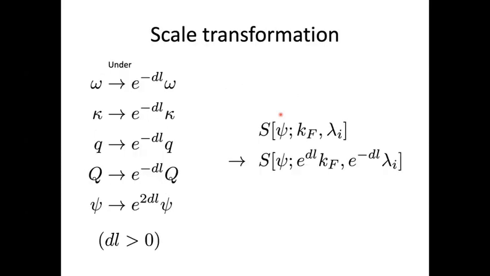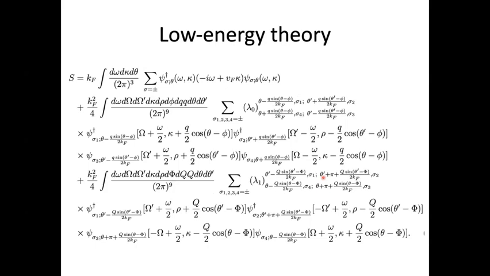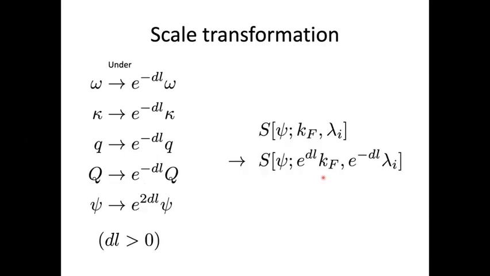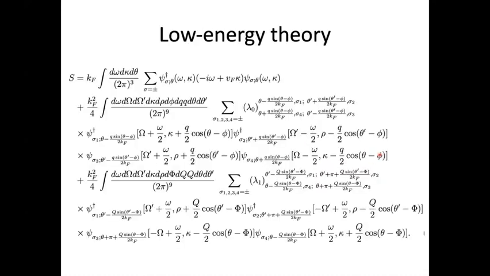So here, the interesting thing is the overall action. This kF has scaling dimension 1, and lambda has scaling dimension -1. If you look at this action, because kF has scaling dimension 1, under this scale transformation, S itself is not invariant.